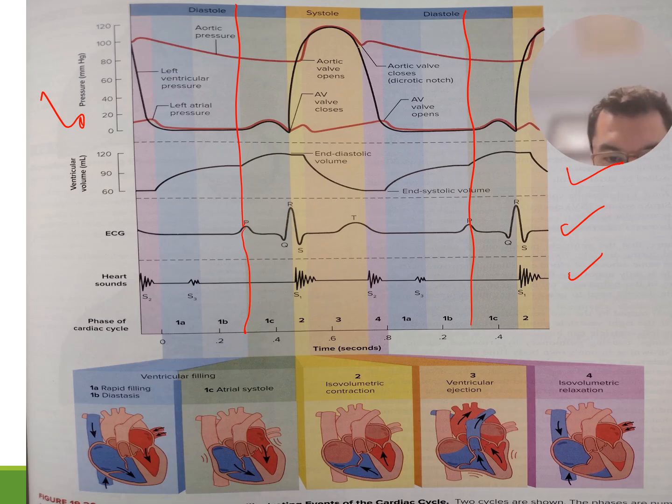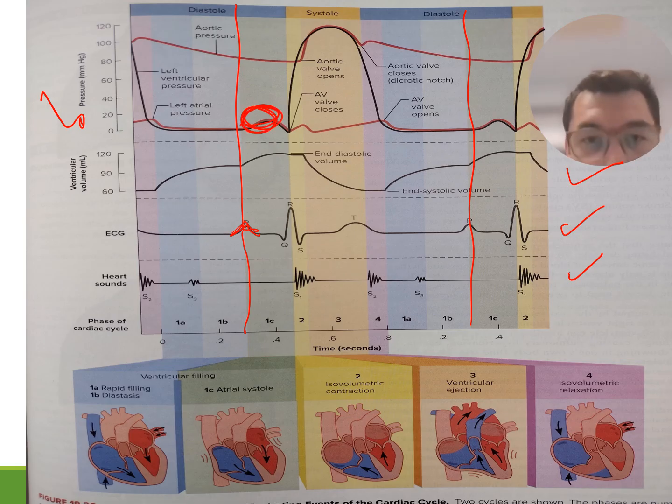So we start our cycle with our P wave, and this allows for the depolarization of the atria. As we depolarize the atria, we will start contracting the atria. And with the contraction of the atria, you see that the left atrial pressure increases. Because we're increasing the pressure, we're squeezing blood into the ventricles.